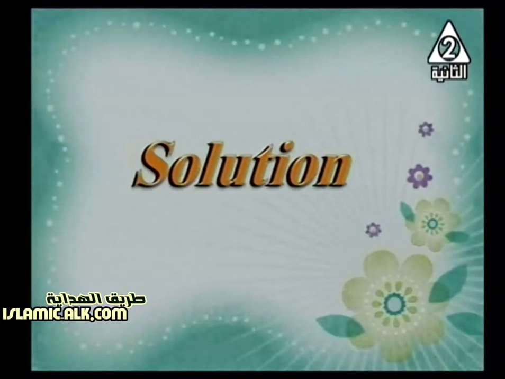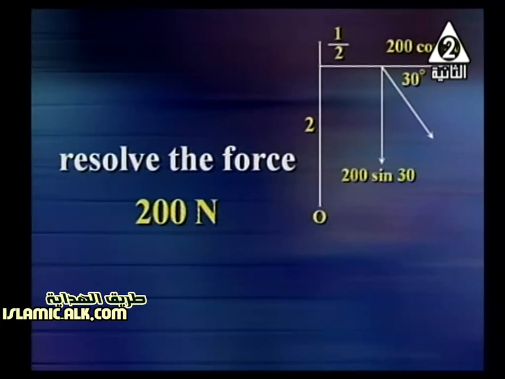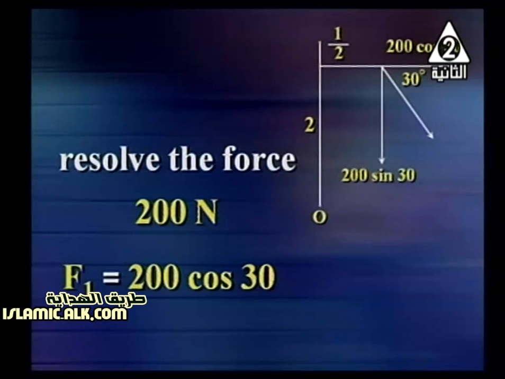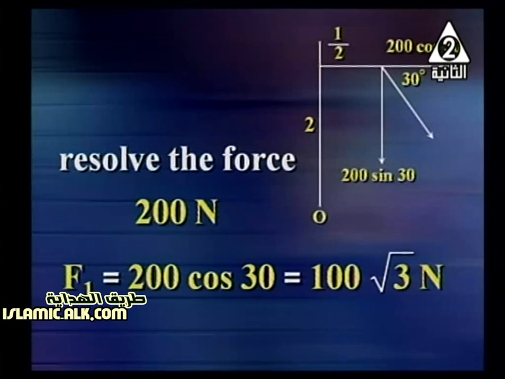We resolve the force 200 into two components, the x-axis and y-axis: 200 cosine 30 on the x-axis, 200 sine 30 on the y-axis. F1 equals 200 cosine 30. By substitution, cosine 30 equals root 3 over 2, multiplied by 200 equals 100 root 3 Newton.